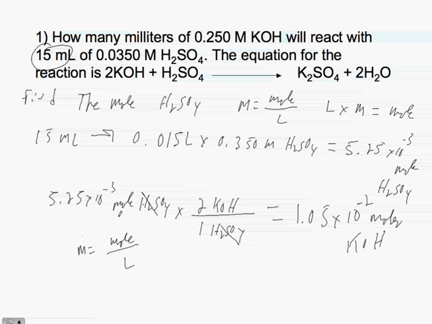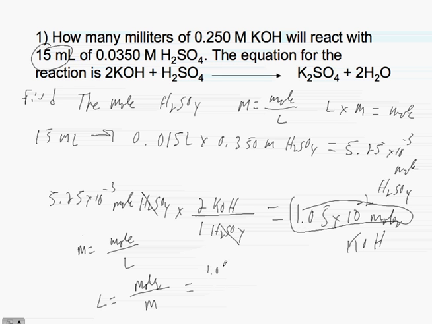I want my answer to be in liters because we're asked to find the number of milliliters of potassium hydroxide. So liters is equal to moles over molarity, and I know my moles.